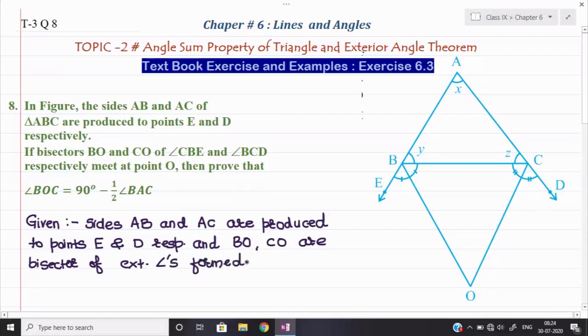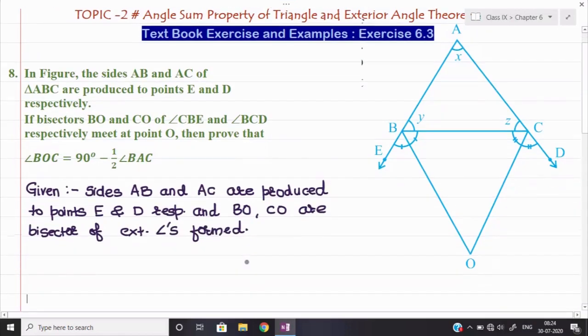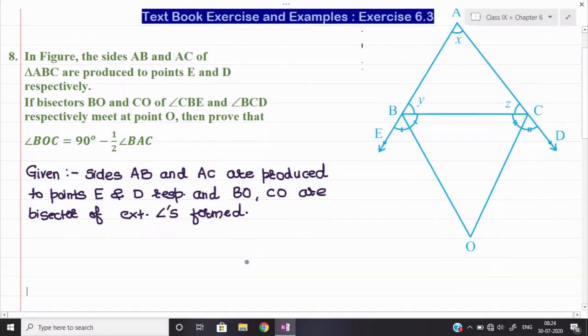Some exterior angles are formed outside the triangle ABC, and we have drawn their bisectors BO and CO. So here this angle and this angle are equal. Similarly, these two angles which I marked with a cross are also equal. The dot angles I formed are equal, and the cross angles are also equal, because they are bisected by the bisectors BO and CO.